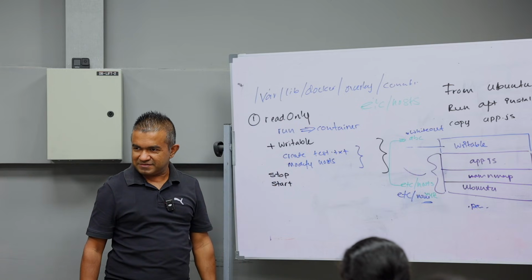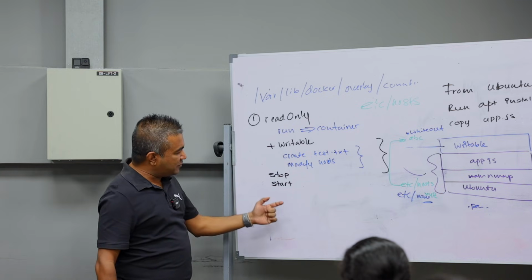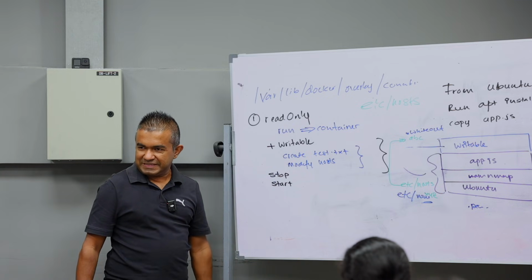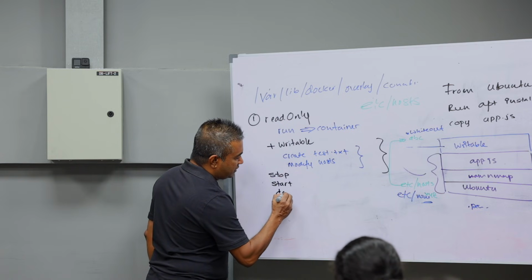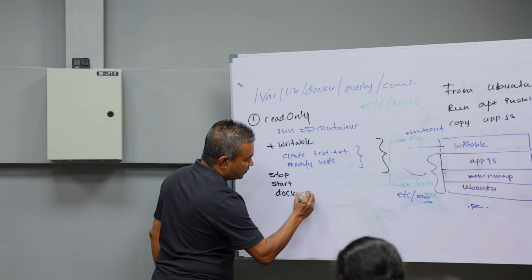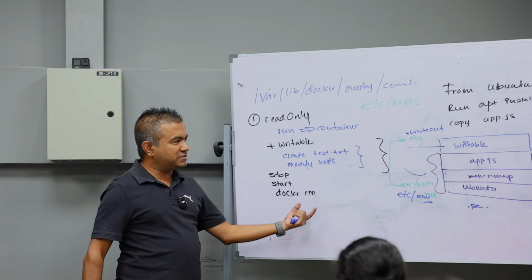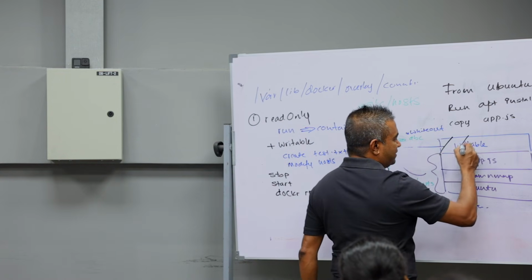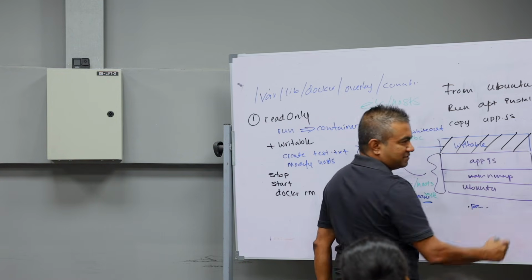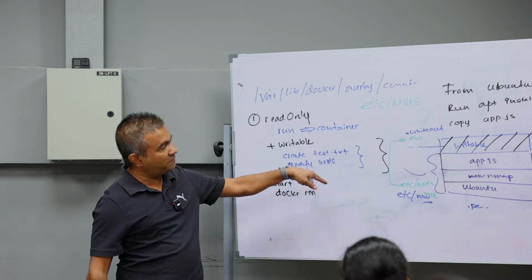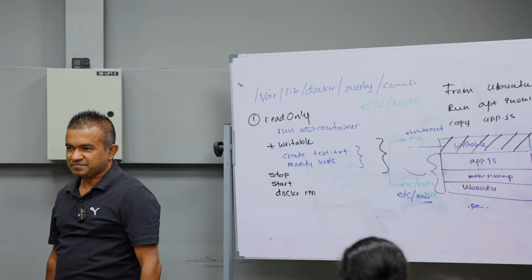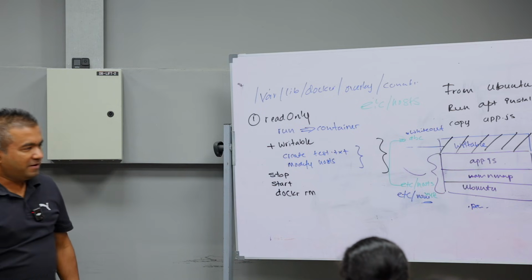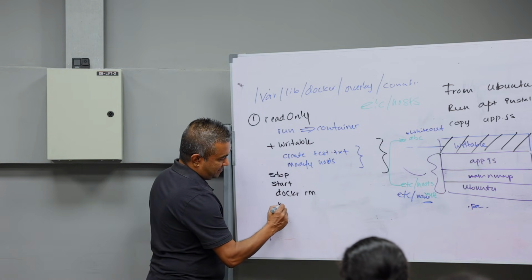Got it? Understand? Now you stop the Docker again. Now we kill the process. Now what you do is you do docker remove. The moment you give this command, this layer is deleted. So the files from our file system will be deleted. Okay? Now you run the Docker again.